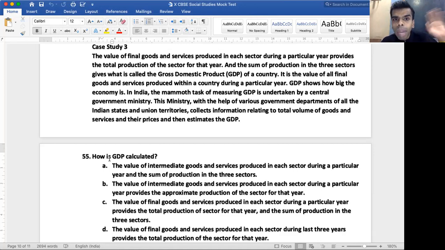We don't count the last 3 years; in fact we do count them, but the year that is going on is important for us. And who is talking about this year? Point number C is talking about this year. The value of final goods and services produced in each sector during a particular year provides the total production of the sector for that year, and a sum of production in the 3 sectors. The 3 sectors are primary, secondary and tertiary. So I hope the answer is very clear over here.